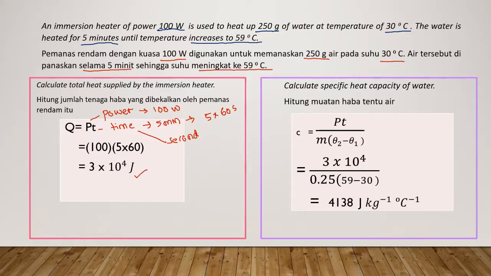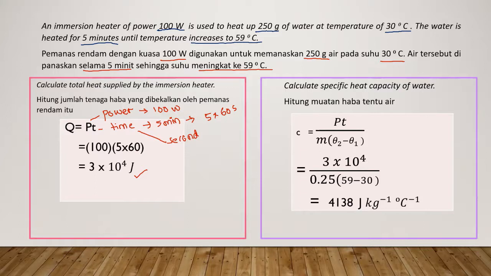Okay, kita kena hitung jumlah tenaga haba yang dibekalkan oleh pemanas pendam itu. P ini untuk kuasa, t ini untuk masa. Kuasa dia ialah 100 watt, masa dia ialah 5 minit, not 5 mm ya, 5 minit. So 5 minit ini kita kena tukar kepada saat sebab SI unit untuk masa ialah saat. So kita ambil 5 darab 60.